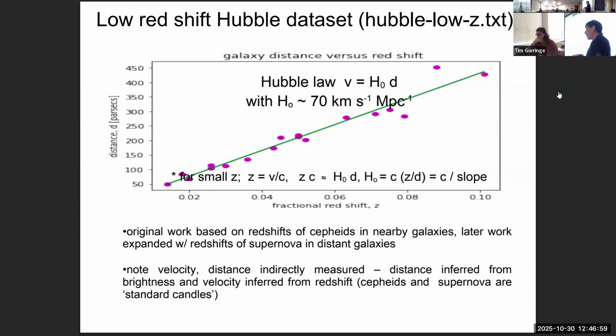It was extended by the understanding of another standard candle, or calibrated candle, that's available to astronomers, and that's what's well known now, that you can use supernovas. So you can use supernovas as standard candles to measure distances and velocities of galaxies. They're much brighter, and so you can use them to measure distances to much more distant galaxies and the velocities of those distant galaxies. So it extends the data from the Cepheid variables.